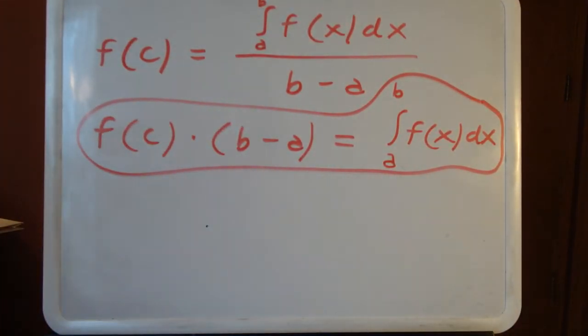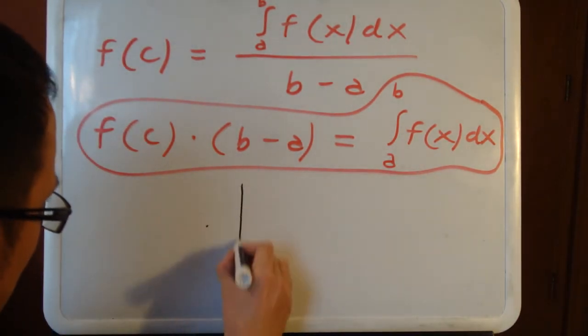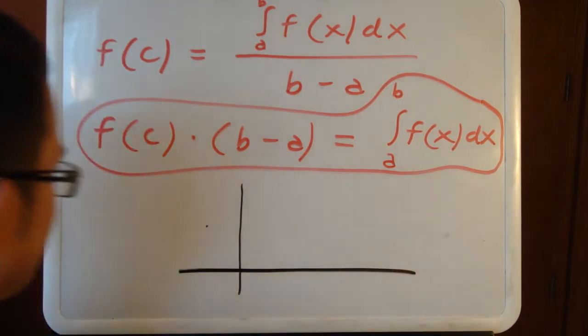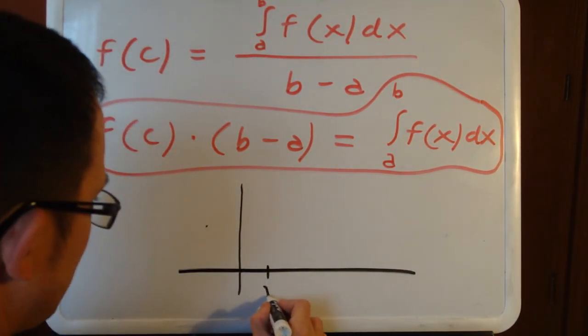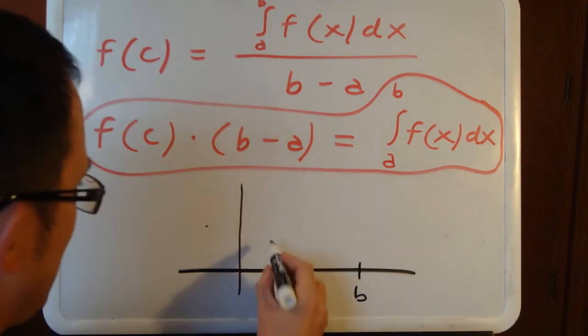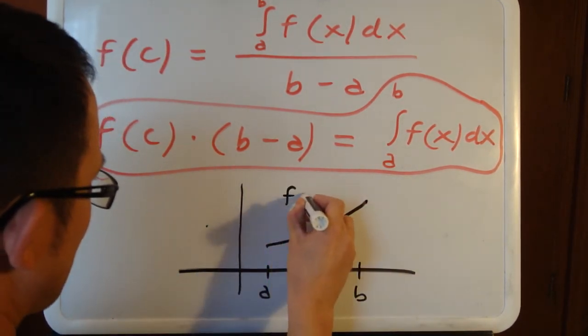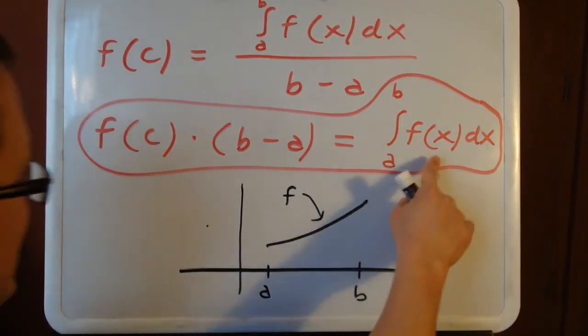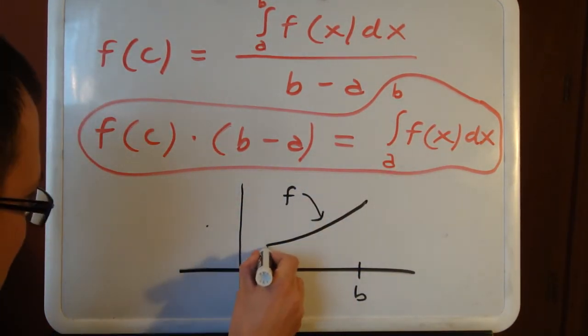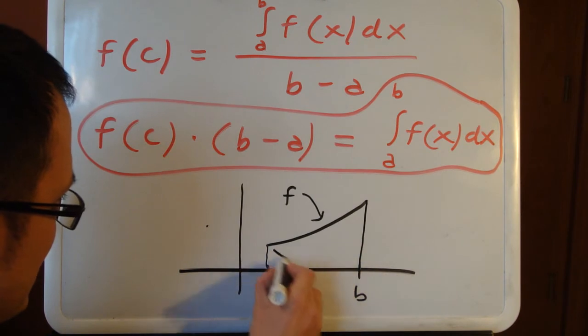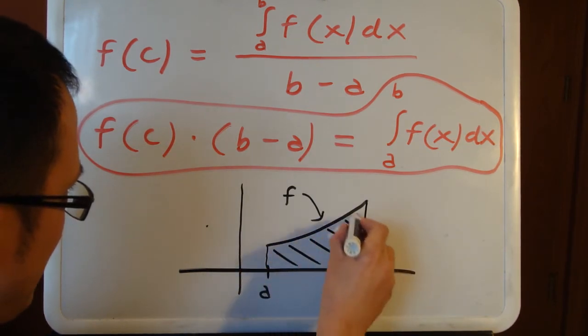So it should make sense here that this has a slightly different interpretation. This we know is the area underneath the curve. So we could go from a to b, for example, and you could have some function that might look like this. We'll call this f. Right, so this thing on the right hand side just represents the area underneath it. So we can interpret it this way here.